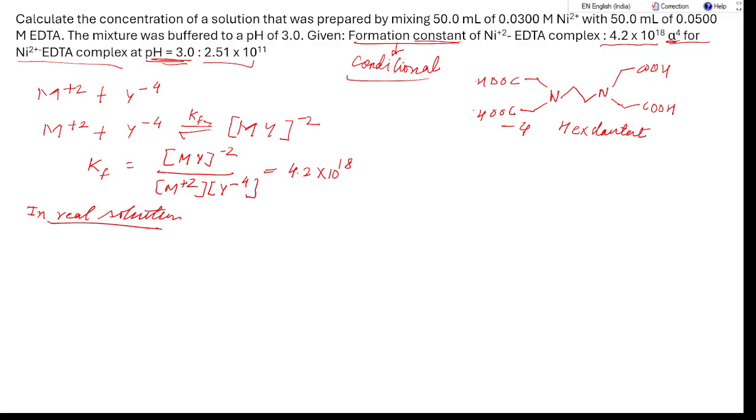But in a real solution, whether it is going to form Y^-4 or not depends on pH.